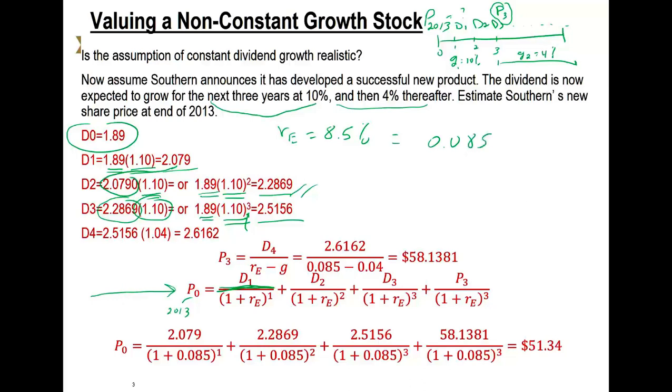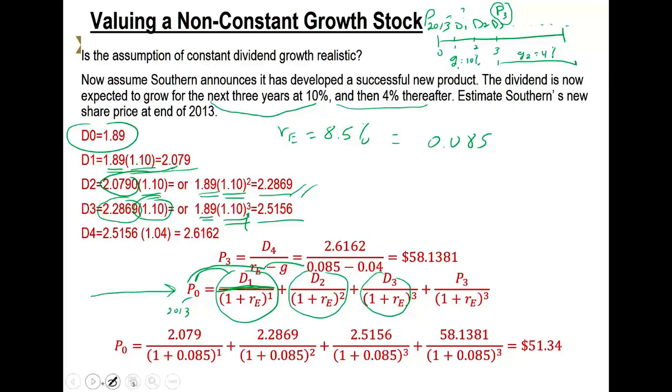So we take D sub 1 and find its present value in 2013, take D sub 2 and discount it 2 years back to 2013, and the same thing for dividend sub 3. I hope that's clear. We know we're going to receive D1, D2, and D3, and we discount them back to year 0, 2013, and that's a portion of the value of that stock.